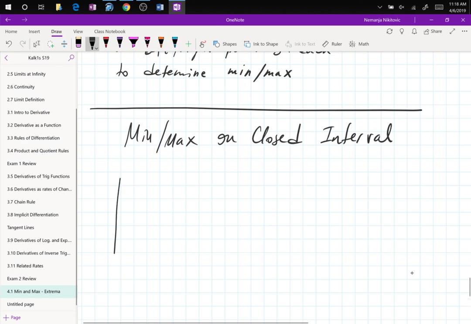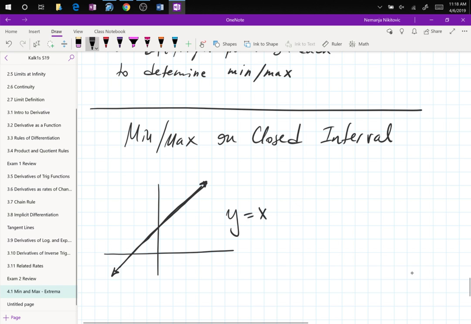So here's the question. Does the linear function y equals x plus 2 have a min or max? Does it?